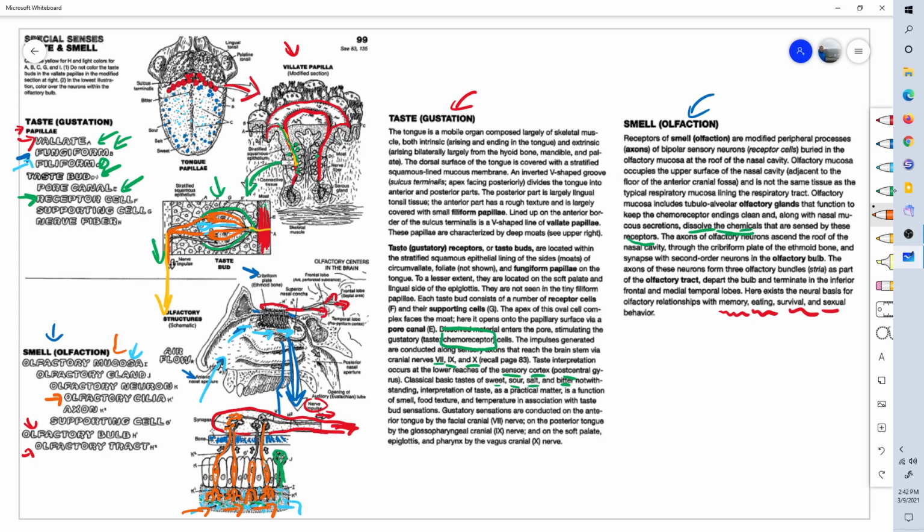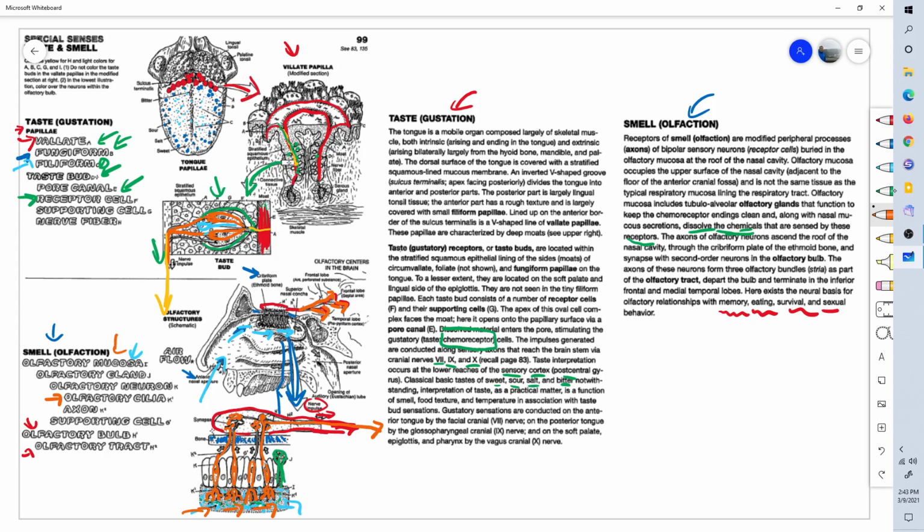These first order neurons synapse with these second order neurons, which will take the stimulus down the olfactory tract, and as I said, to the frontal lobe and temporal lobe to be perceived by the brain and central nervous system.